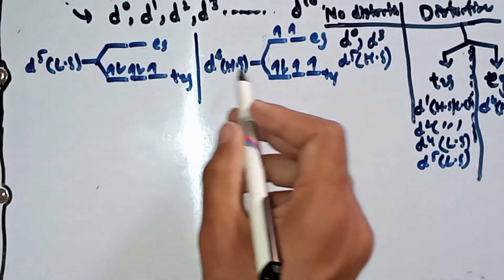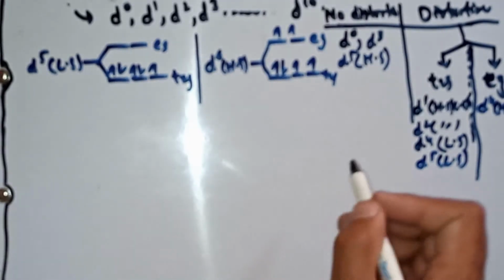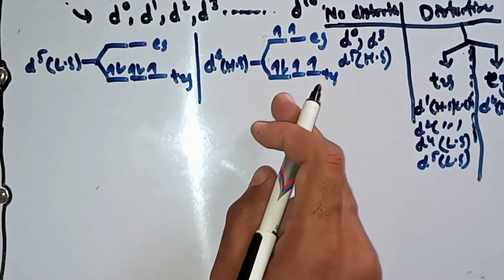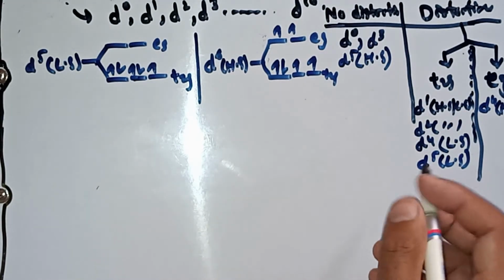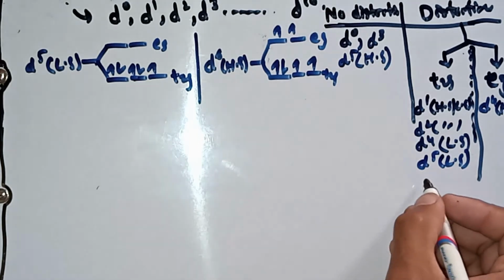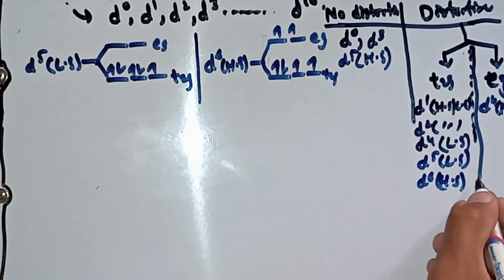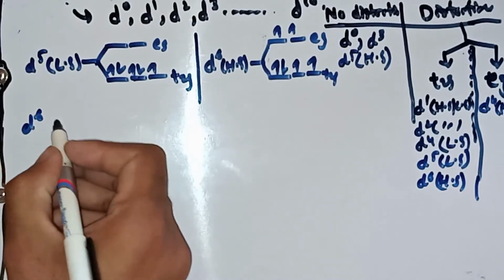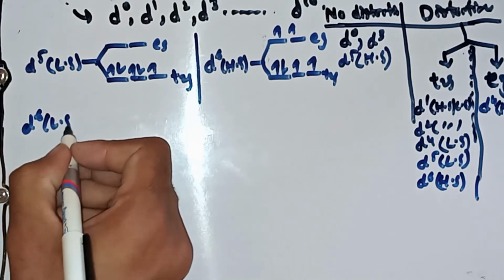So here again T2g is asymmetrically paired, so its electronic cloud is asymmetrical. So T2g distortion occurs in case of D6 system when they are high spin complexes.